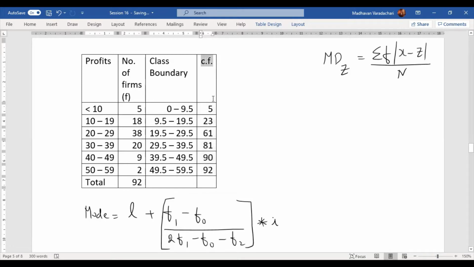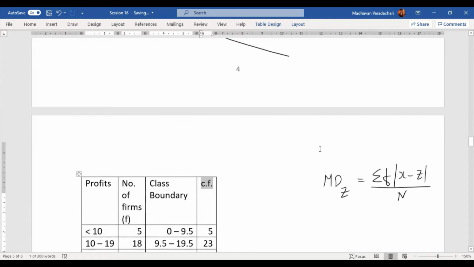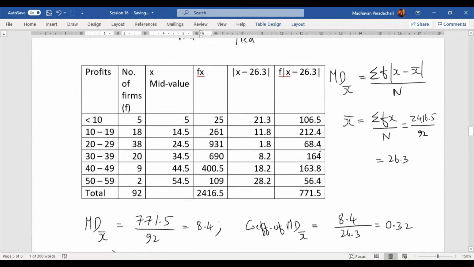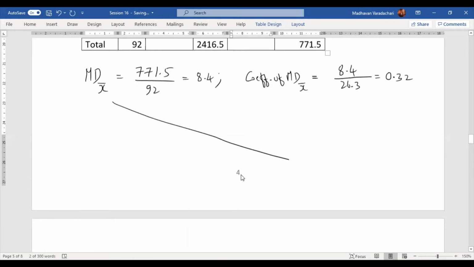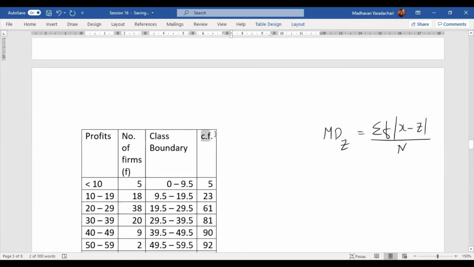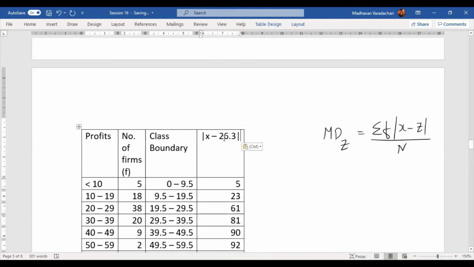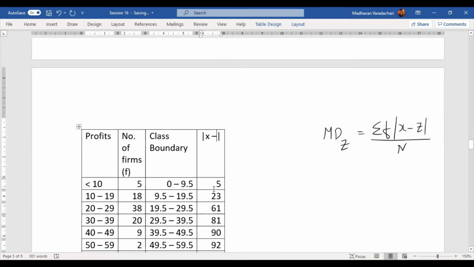So I can change this. Let me copy from the previous, this one. I will just copy here instead of cumulative frequency. And we don't know whether this is mode or not. Let me delete that.